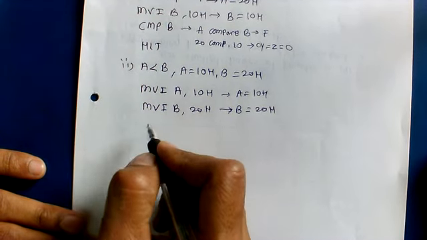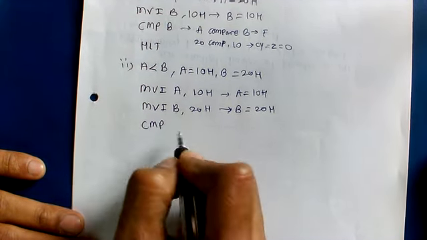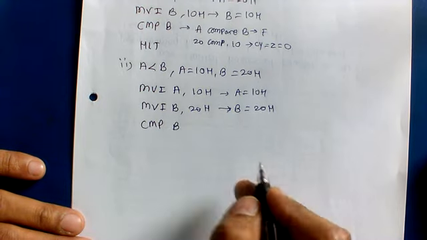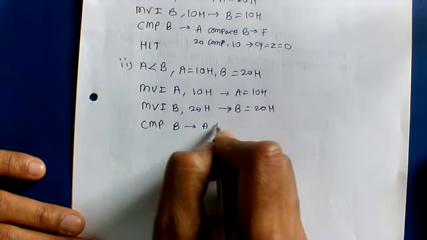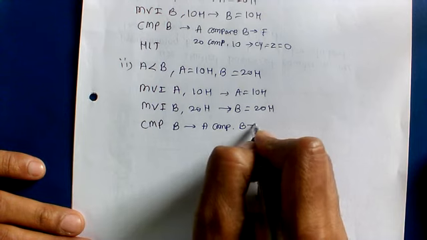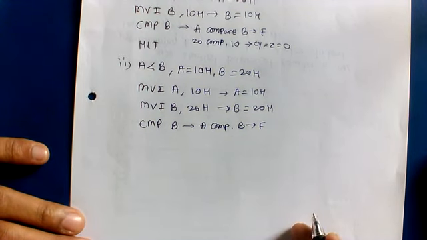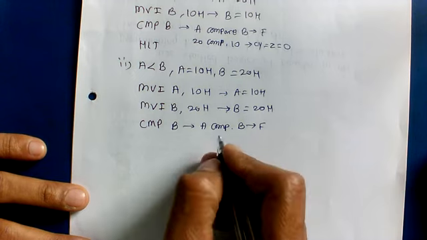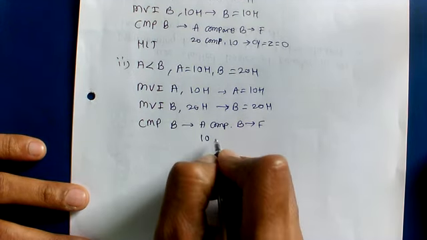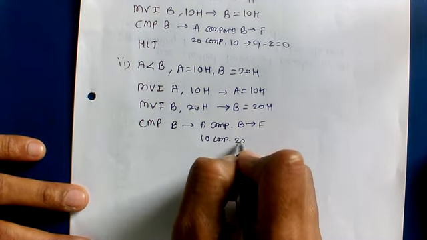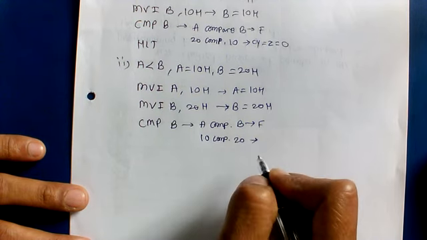Once again suppose CMP B instruction get executed, that is A compare with B, result through flag bits. Okay. So 10 compared with 20hex.